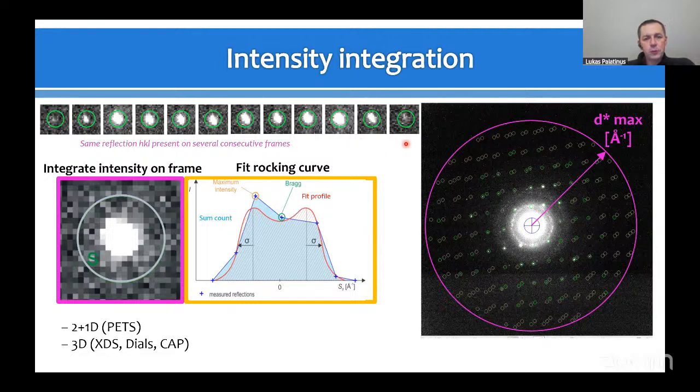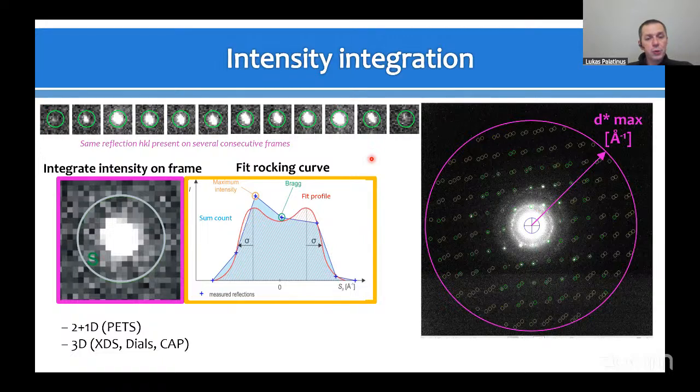In case of continuous rotation data, there is no double maximum. There is just an increase of the intensity and then decrease again. And so we can either extract the intensity on each of these frames and then combine these intensities together in the next step. That's what I call 2+1 dimensional approach. That's what happens in PETS.